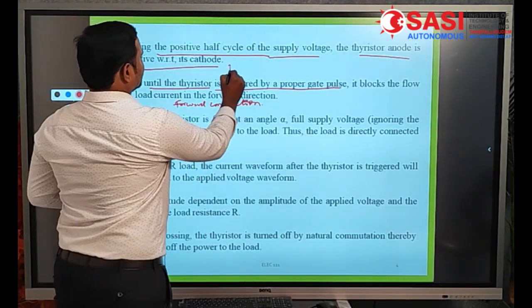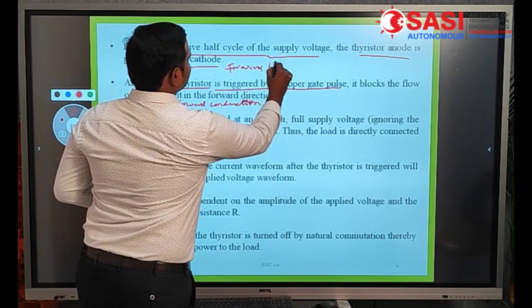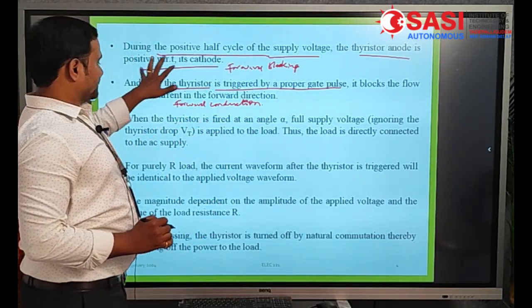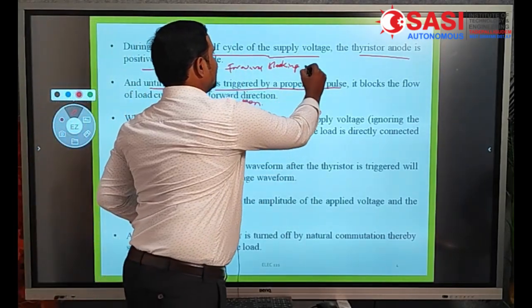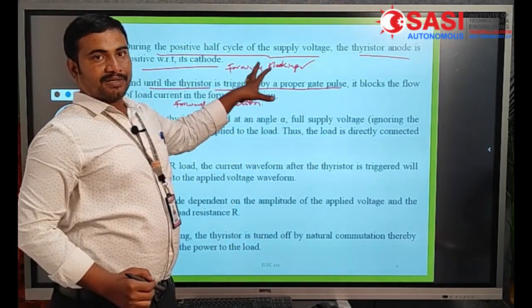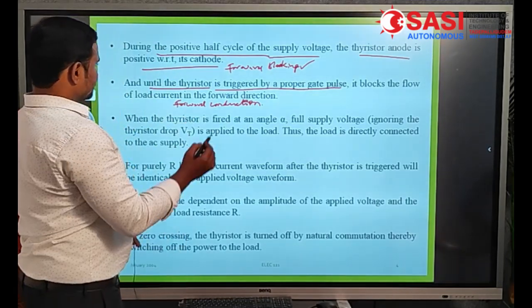So here it is forward blocking because of the thyristor nature. Even though the anode is positive with respect to the cathode, because of the gate terminal it gives forward blocking. Then once the gate pulse is given to the circuit, it will be forward conduction.